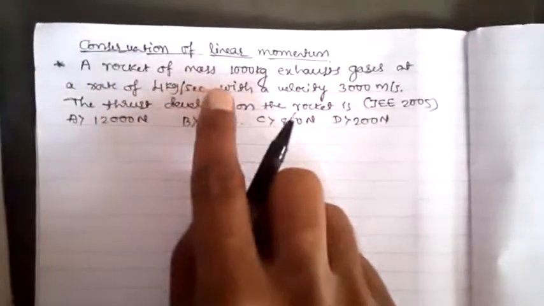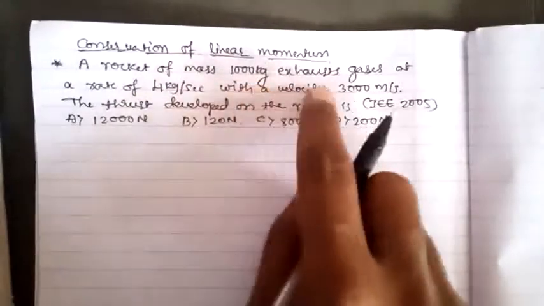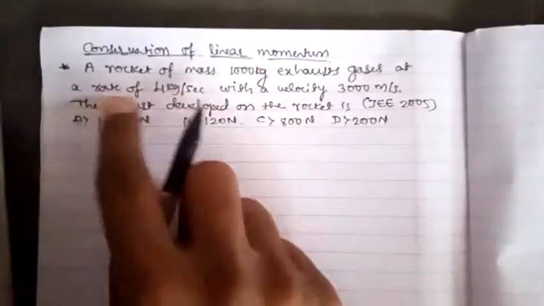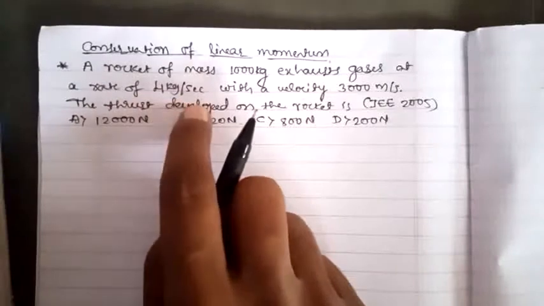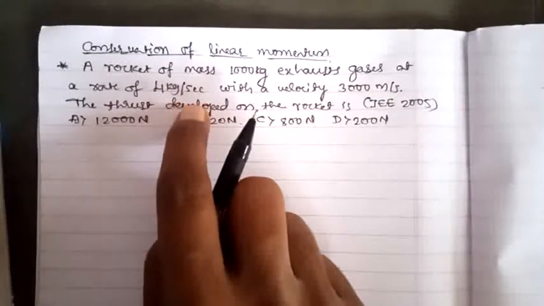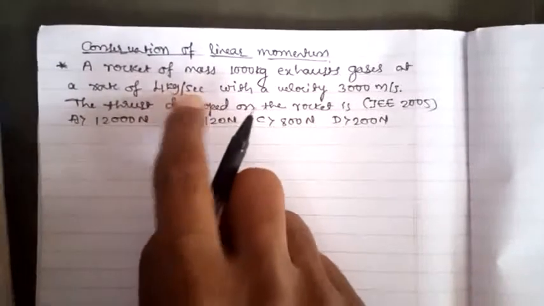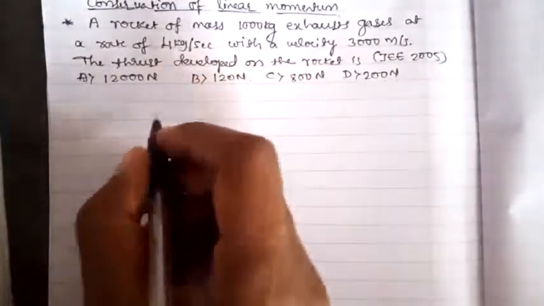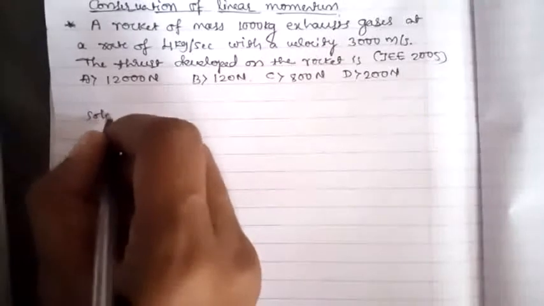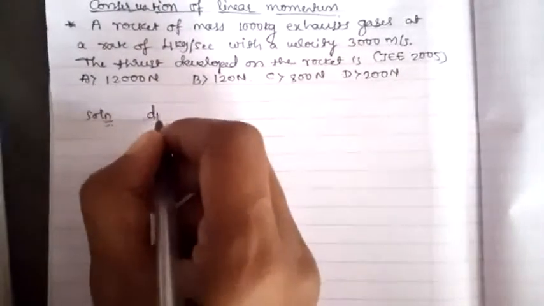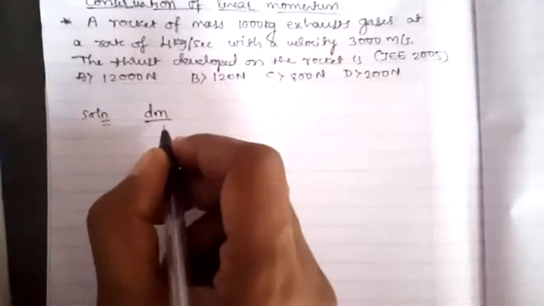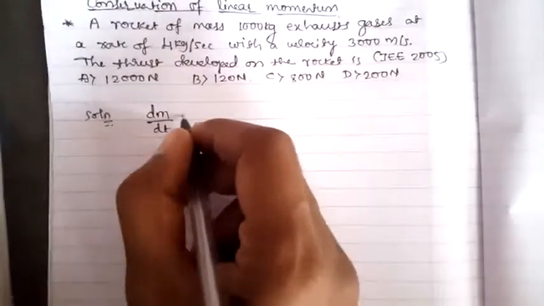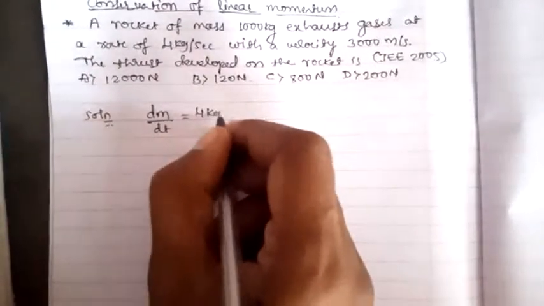A rocket of mass 1000 kg exerts gases at a rate of 4 kg per second. Means the mass of the fuel burnt at the rate, first I will write dm by dt. The mass of the fuel burnt at the rate, that is 4 kg per second.